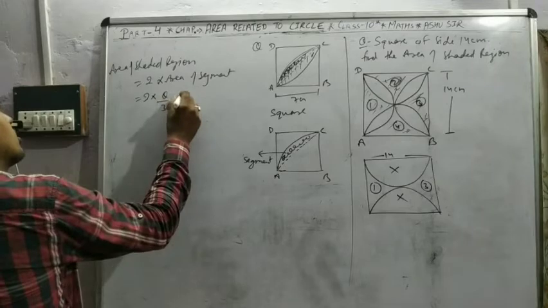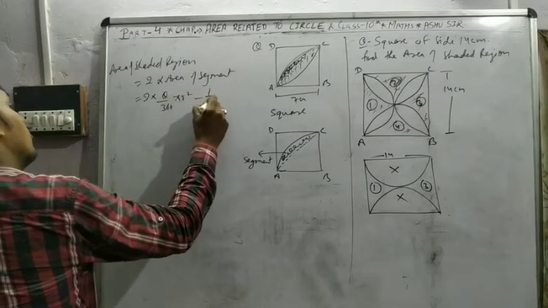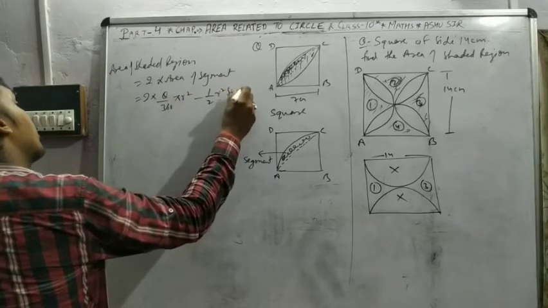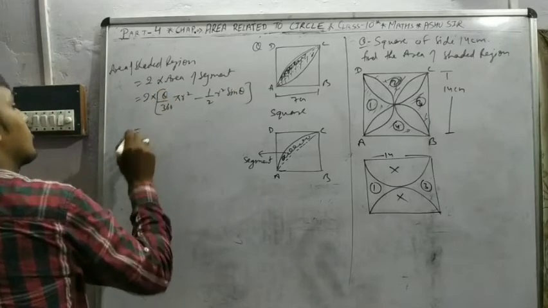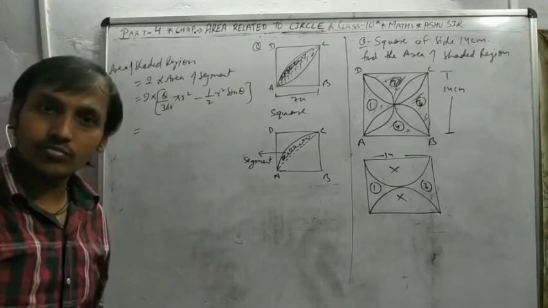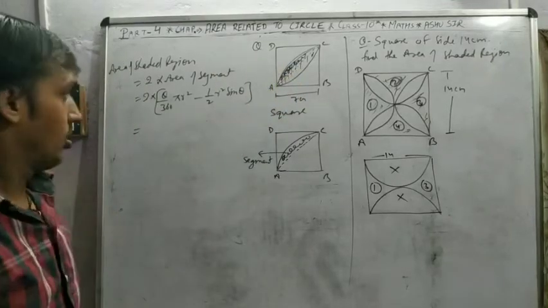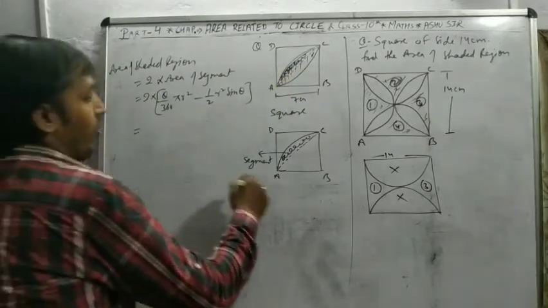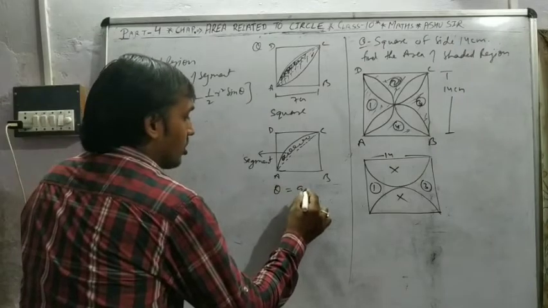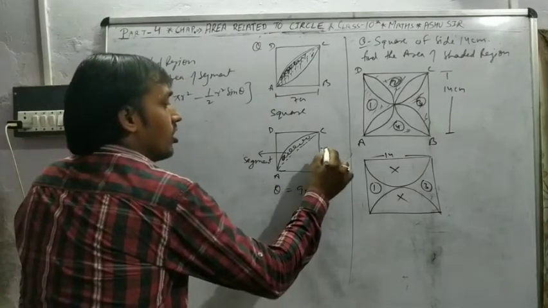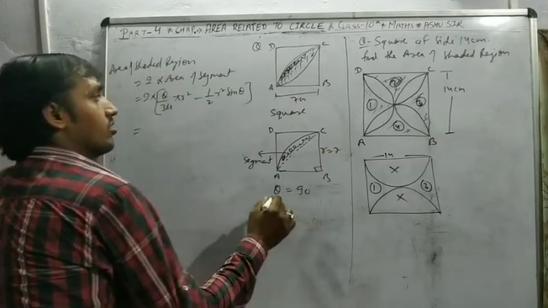Theta upon 360 pi r square minus 1 upon 2 r square sin theta. One segment, and double, you get this. Then find the values. Theta 90, radius 7.